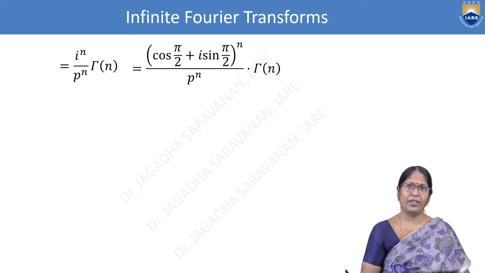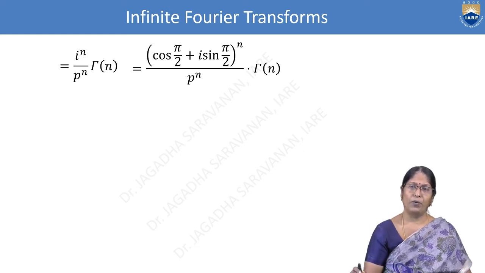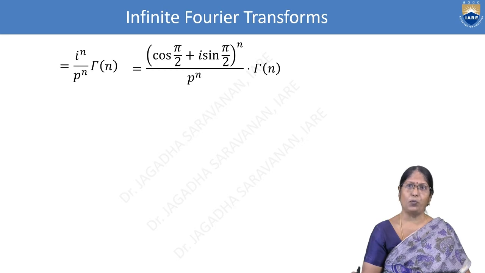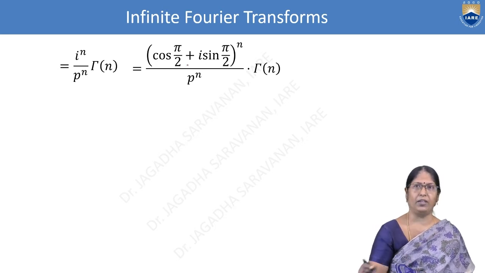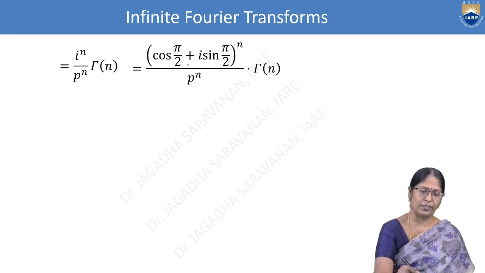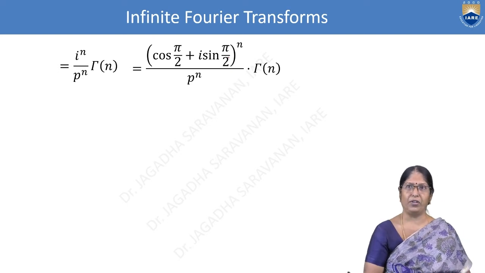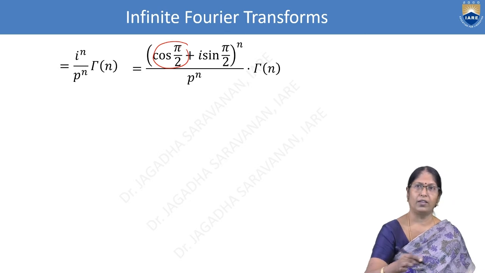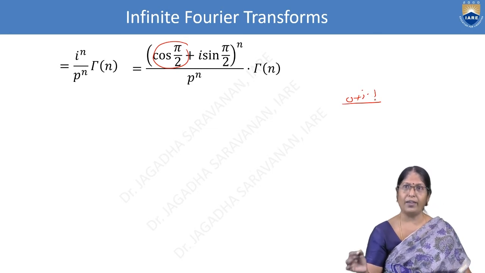This i power n, we can write as cos of pi by 2 plus i sin of pi by 2. It's nothing but i, because cos 90 is 0, so 0 plus i into 1 is i.